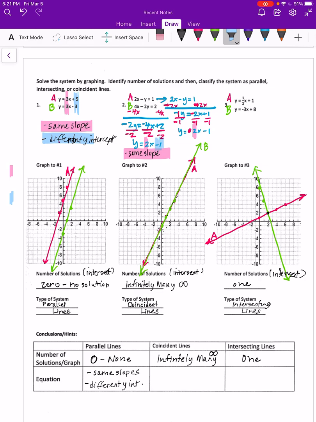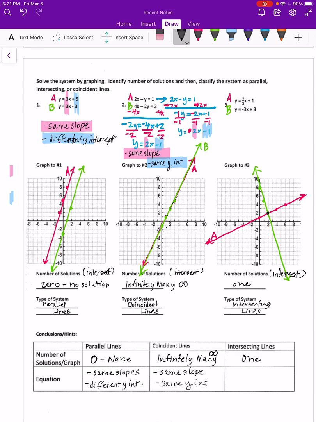I have a -1 and I have a -1. So here they have the exact same y-intercept. So that's going to be important, especially when we start to do these algebraically. So they have the same slope and they have the same y-intercept.